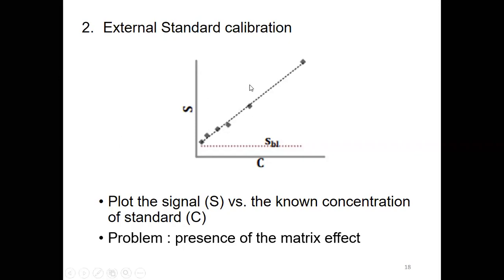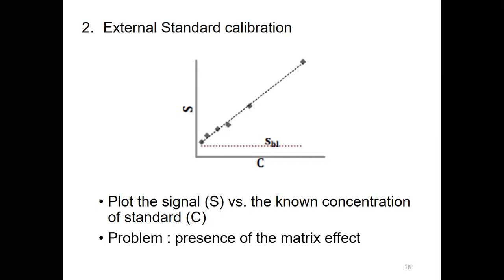So to overcome that problem in the external standard calibration, if you think the sample might have some matrix effect, then what is the best way to prepare the sample?